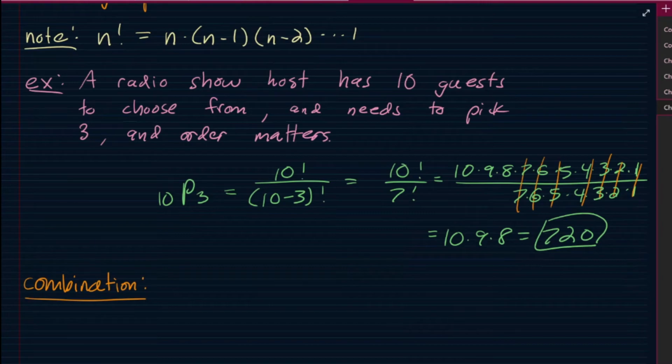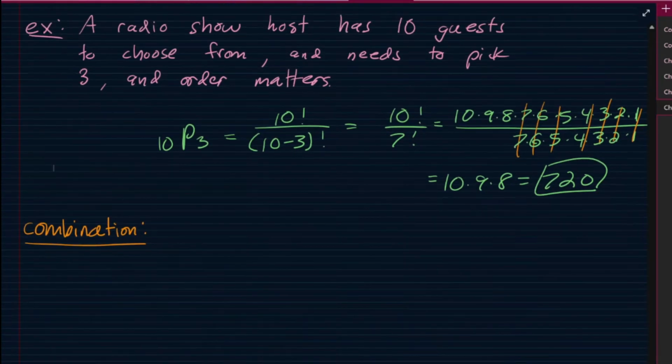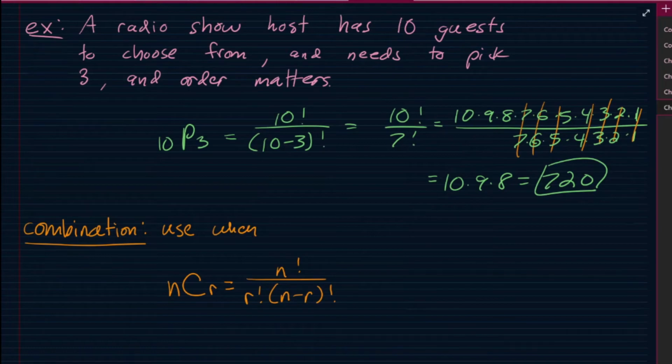So the formula is nCr is equal to n factorial over r factorial times (n minus r) factorial. And we want to use this one when order does not matter.